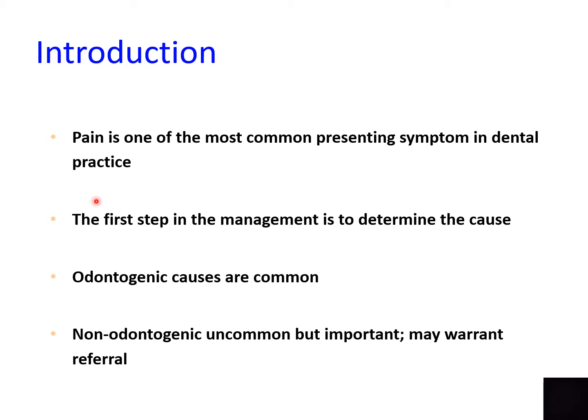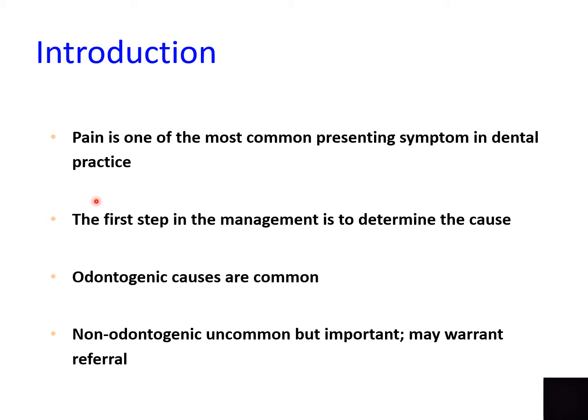And you would have learned in your previous sessions about the physiology of pain, including the causes of pain, the chemical mediators involved, the different pain pathways in the head and neck region, particularly those related to the trigeminal nerve, and different theories which are responsible for pain transmission in the head and neck region.